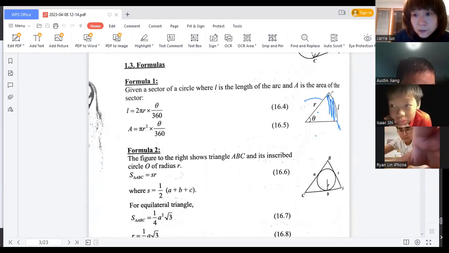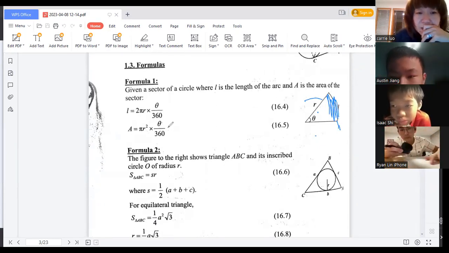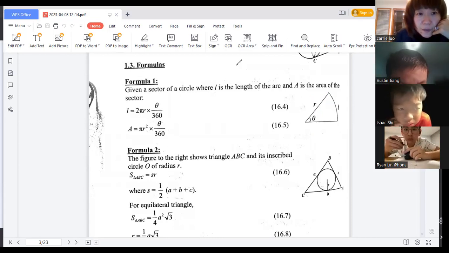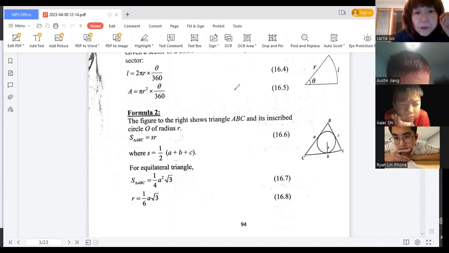When we're talking about the area, it's pi times r squared times theta divided by 360. 这个不用说了啊，这是一个 sector 的问题。So let's take a look at formula 2. The formula on the right shows the triangle ABC and its inscribed circle O of radius r. Okay, so this one is very important, very useful.